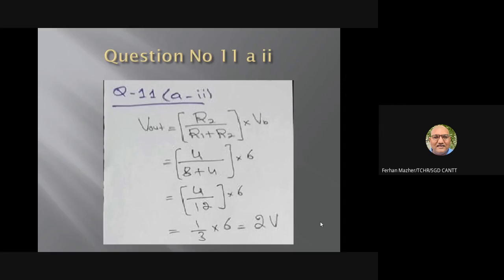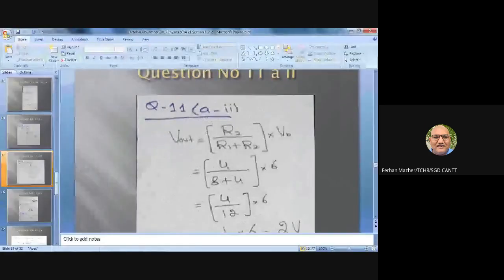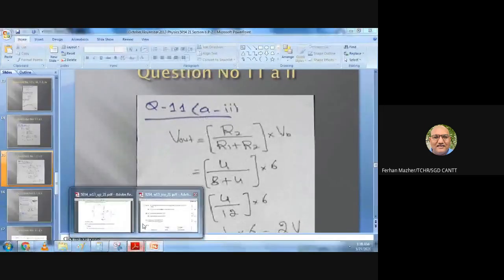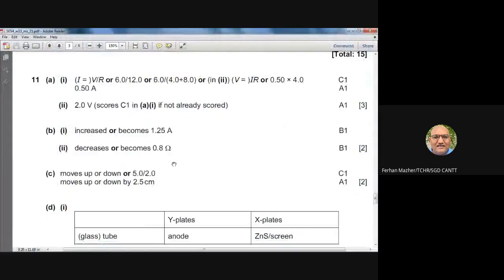The final answer will be 2 volt. So the voltage fed to the CRO is 2 volt. Let me check the marking scheme. Yeah, here you go. Question number 11, A second part, the answer is 2 volt.